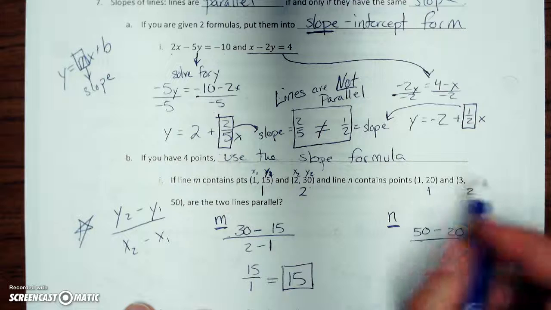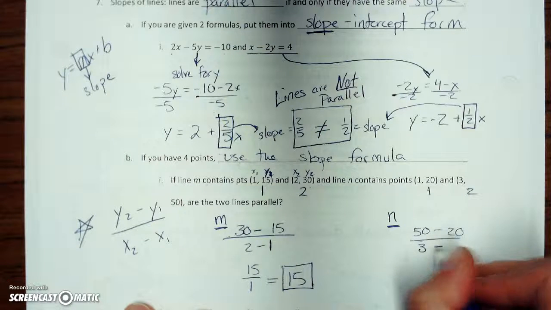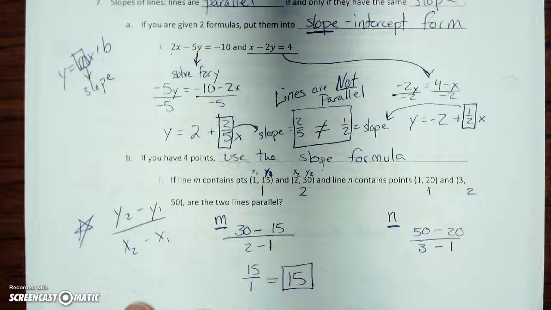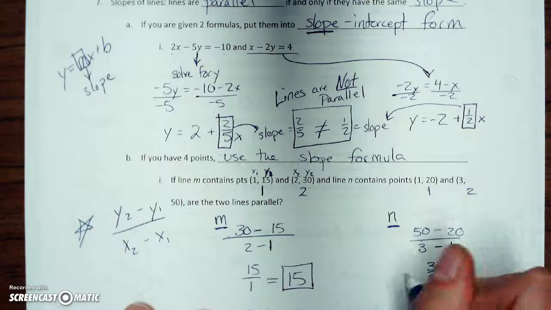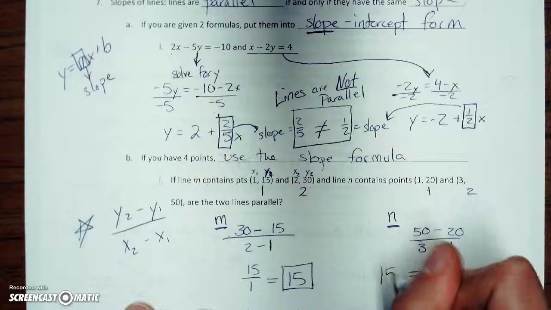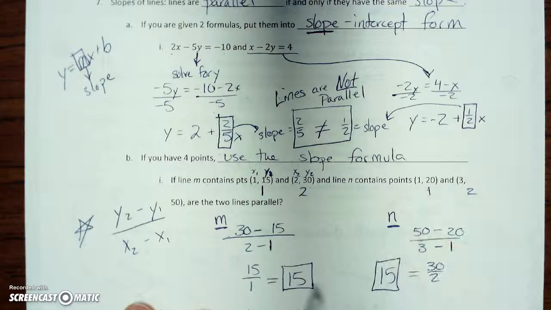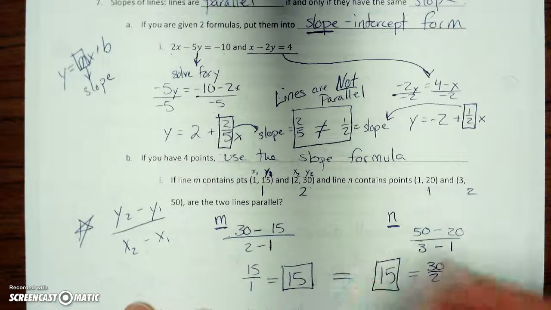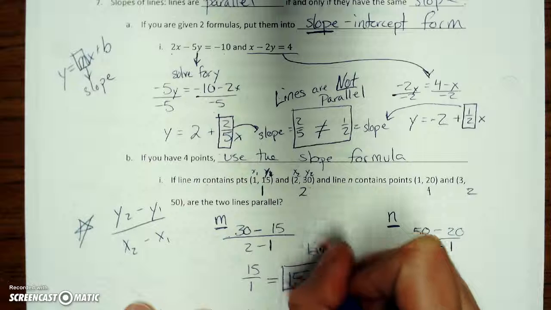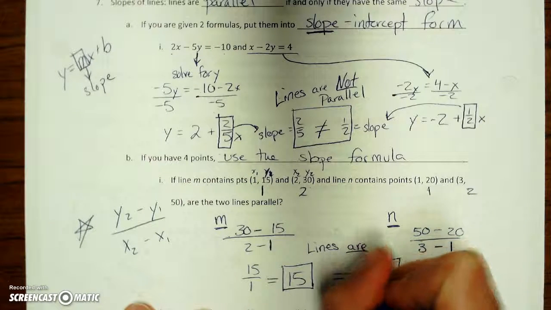Divide that by my x2, which is 3, subtracted by my x1, which is just 1. This gives me the equation 30 over 2, which, when simplified, is equal to 15. And since both slopes in this case are equal to 15, we can conclude that the lines are parallel.